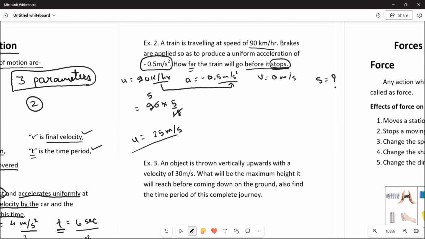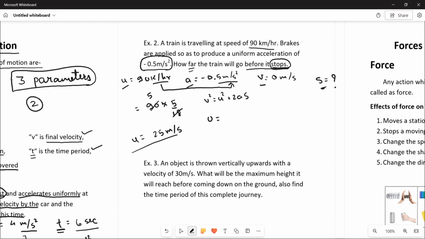So if we check the third equation, which says that v square equals u square plus 2as. From here, we have the value of v, we have the value of u, we have the value of a, and we are supposed to calculate the value of s. So substituting these values in this equation, we get v square, v is 0. So 0 square is equal to 0.